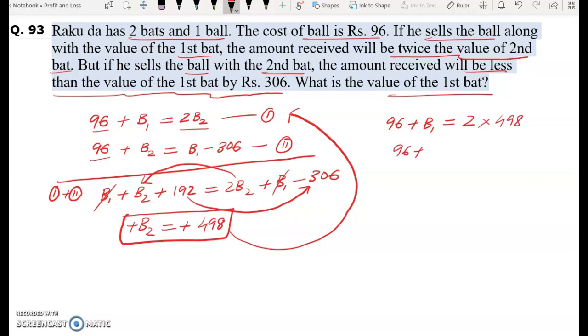So 96 plus B1 is equal to 2 into 498 will give us how much? 996. So B1 is equal to 996 minus 96. This is rupees 900. So this is our answer. The value of the first bat is rupees 900.